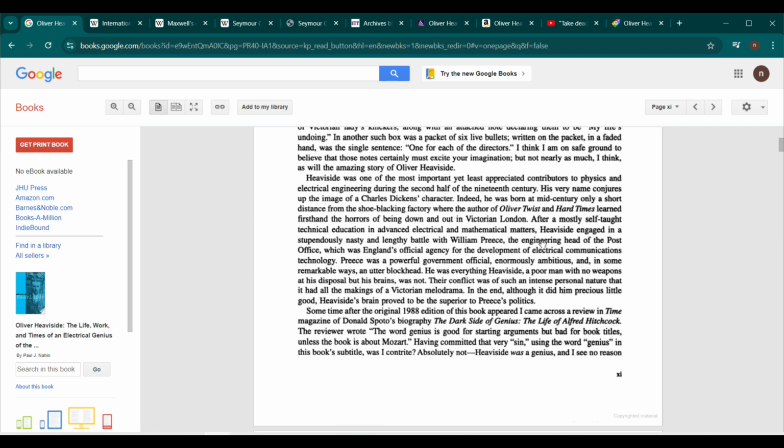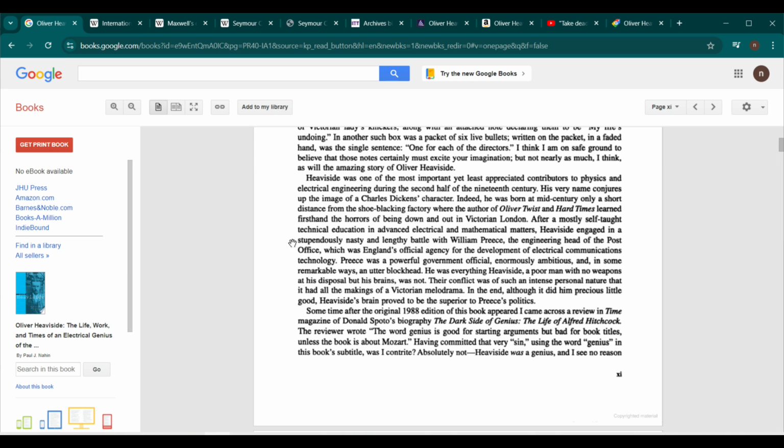So it is very good that someone with a technical background was able to cover it, but also had enough writing skills to communicate even to a non-technical audience, because you can still read this book even if you don't understand Maxwell's equations, which I don't, but there's still enough you can infer from this.